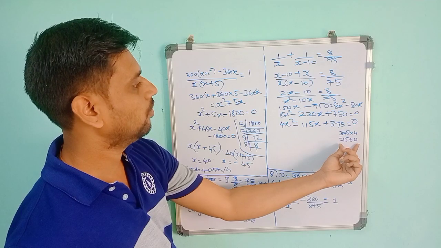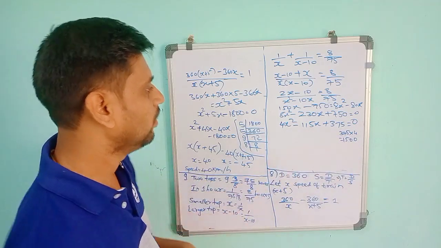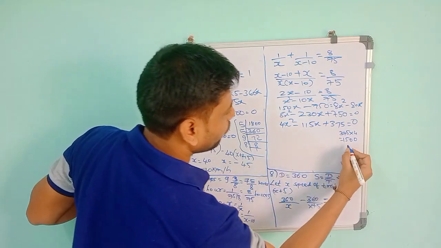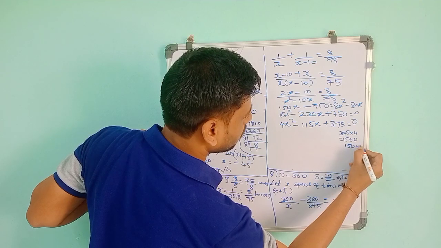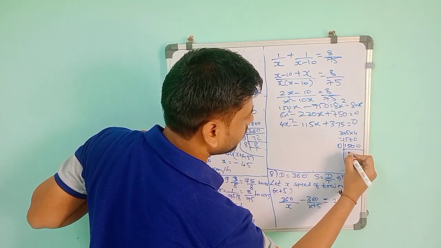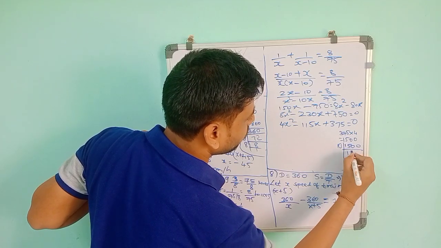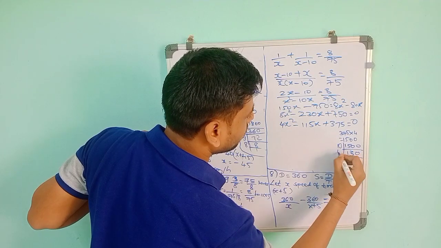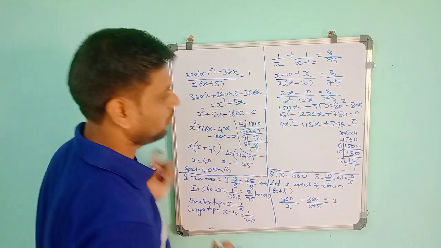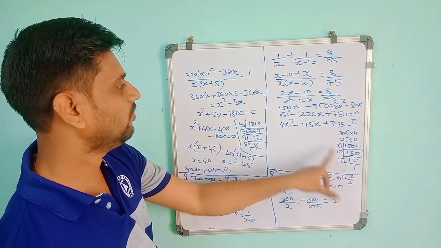The total value should be 1500 and the sum should be 115, and both signs will be minus. So we take 100 and 15: 100 plus 15 is 115.